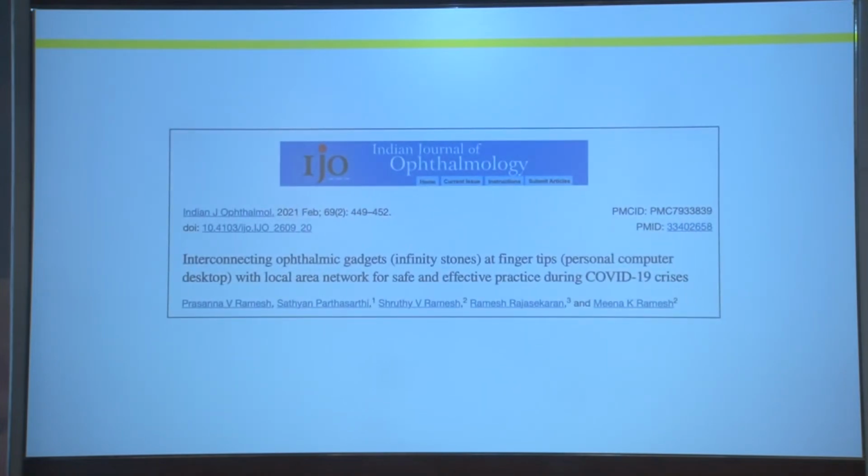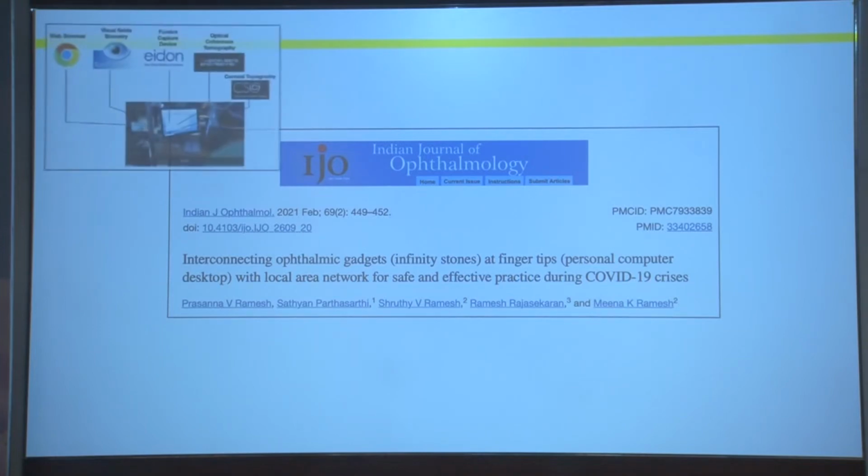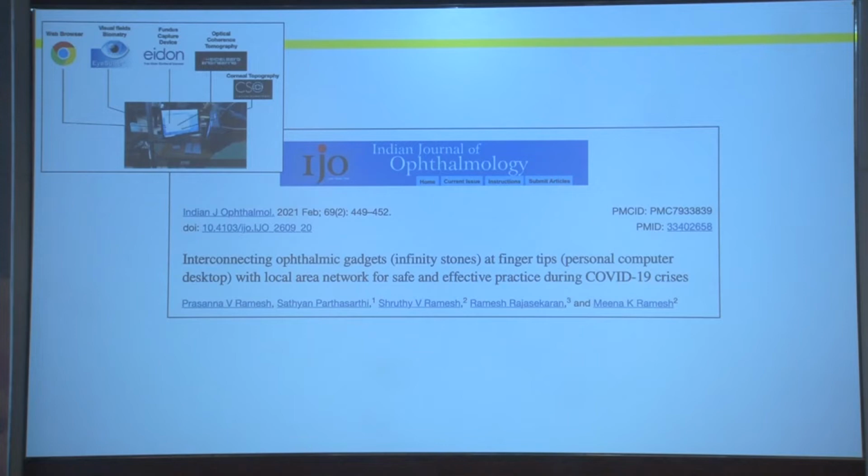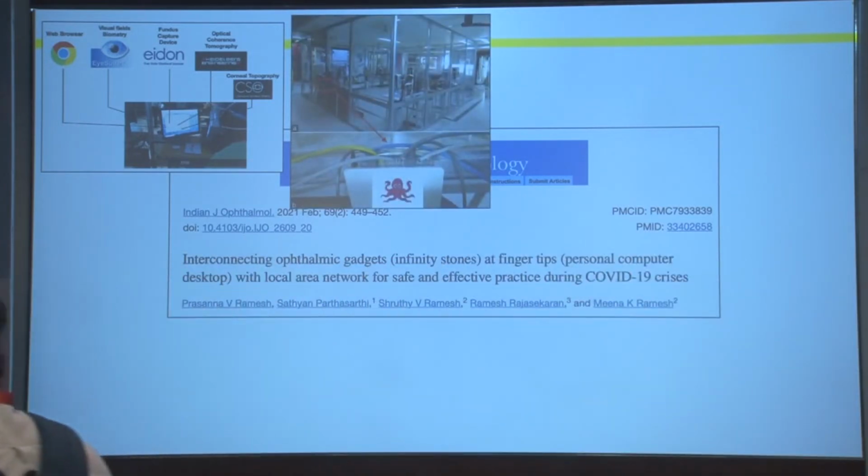So what I wanted to say is, even in cases where you're doing a publication, tell your story how you want it. For example, this was our initial publication, which was a letter to the editor, but we wanted it to be a story told through images. So we actually had 13 figures in this publication, and you can see it started out with the local area network, how it connects different technologies inside your hospital, and then we showed where we kept all the instruments inside the hospital in another image.